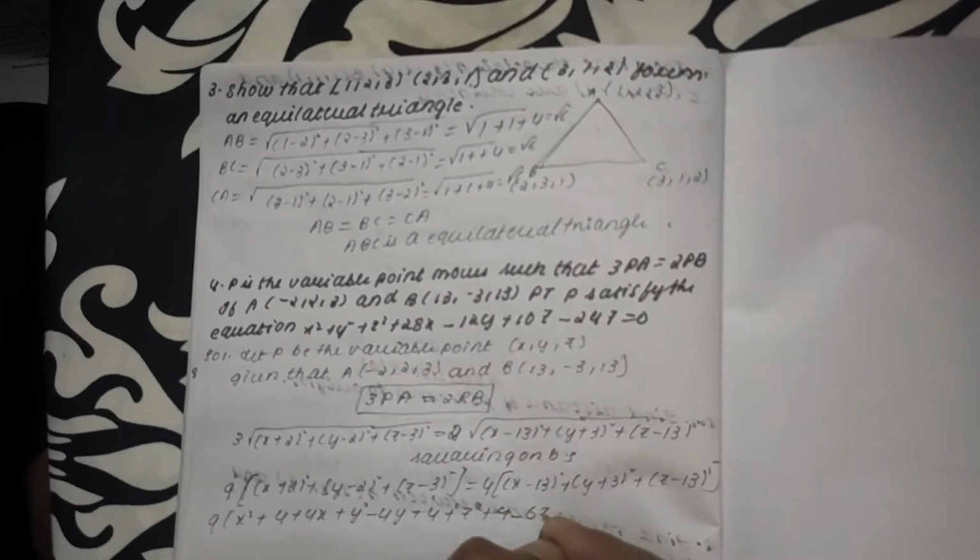9 into x square plus 4 plus 4x, plus y square minus 4y plus 4, plus z square plus 9 minus 6z, equals 4 into x square minus 26x plus 169, plus y square plus 9 plus 6y, plus z square plus 169 minus 26z. Now multiply 9 and 4 inside the brackets.